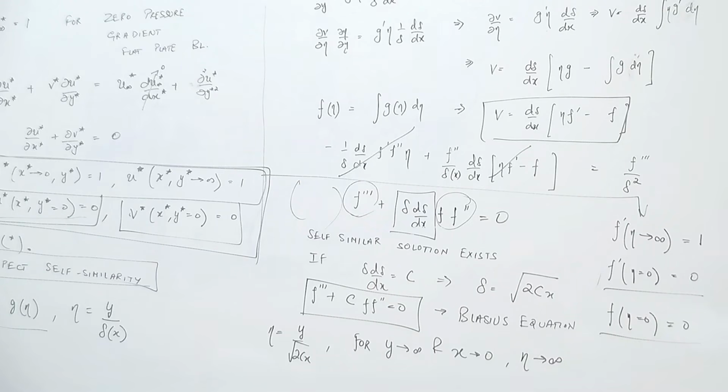We need this for a self similar solution to exist. There is no requirement for a self similar solution to exist, and notice that this is a non-linear PDE. There are multiple solutions. So, we are finding one solution that happens to hold physically and also validate experiments.